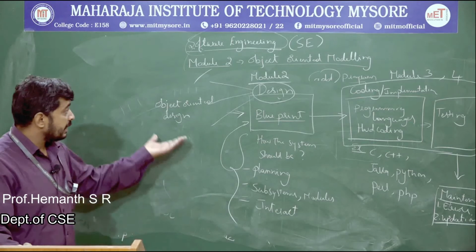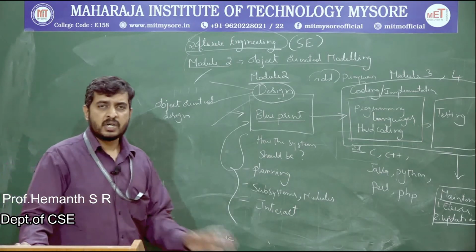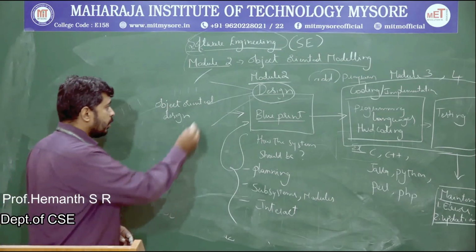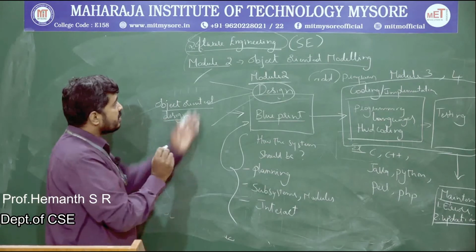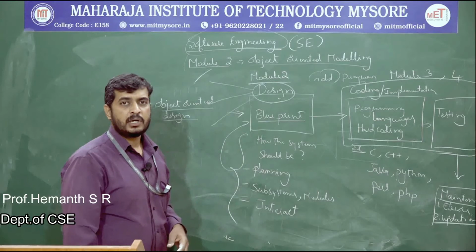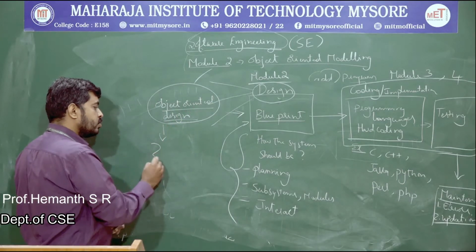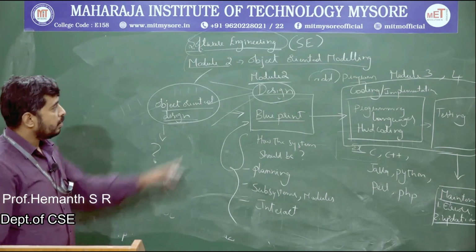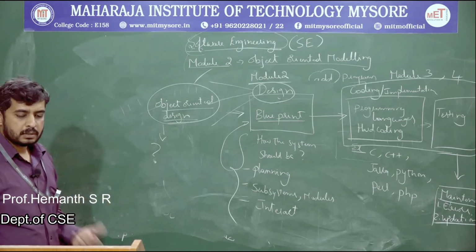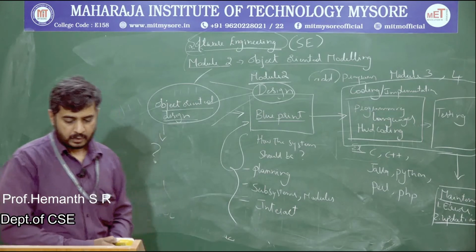Now, is it randomly chosen, or is there some solid, strong reason behind this? So there is a reason why object-oriented design is chosen. And you can see the title of your module 2, object-oriented modeling. So why has object-oriented design been chosen by software companies to come out with the design details? What is the reason? So many reasons are there, some of which I will highlight here.